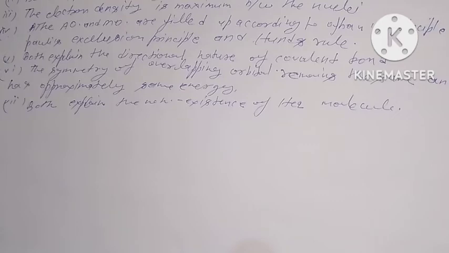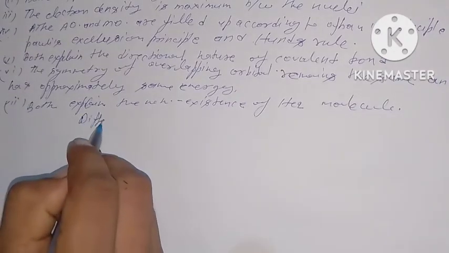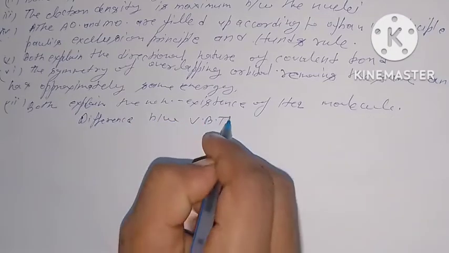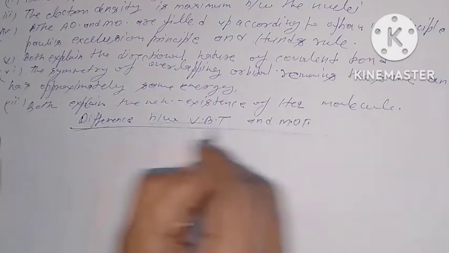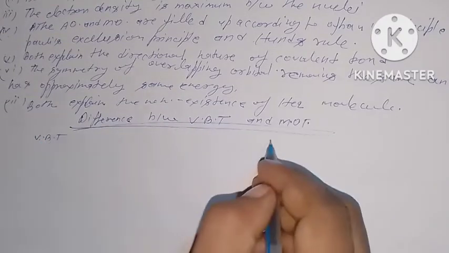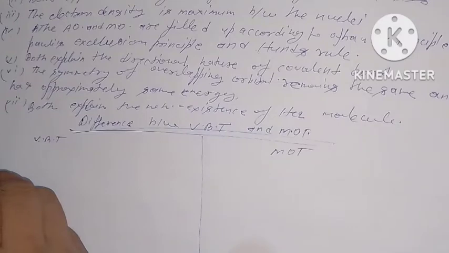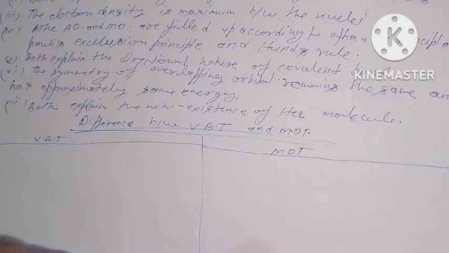First is similarity, and next we will study the difference between valence bond theory and molecular orbital theory. First VBT and then MOT.